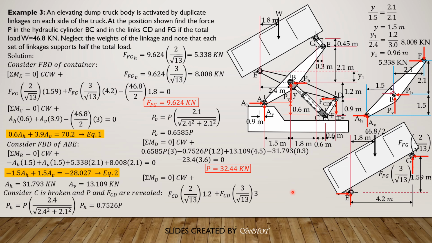So the hypotenuse is square root of 13. So FCDH is FCD times 2 over square root of 13, then times moment arm 1.2, then plus FCD vertical is FCD times 3 over square root of 13. The moment arm is 3. 1.8 plus 0.6 plus 0.6 is 3.